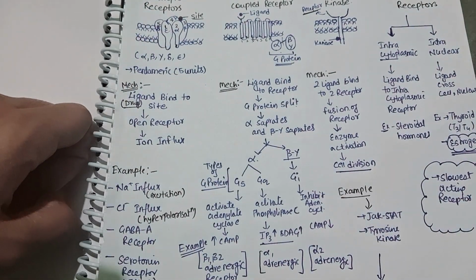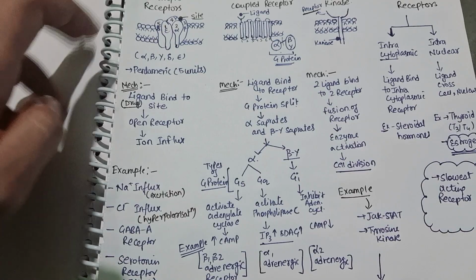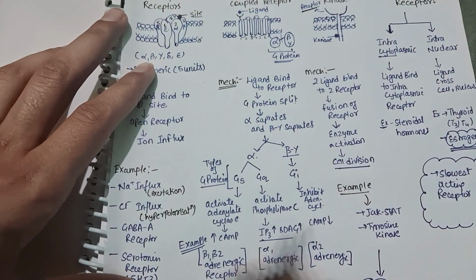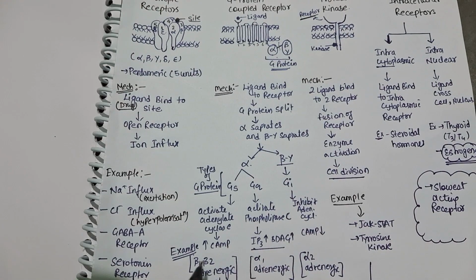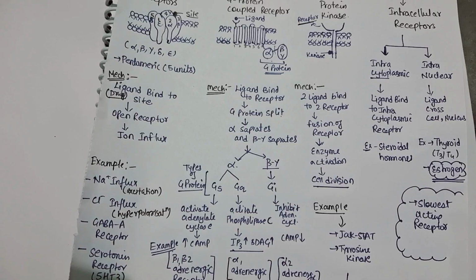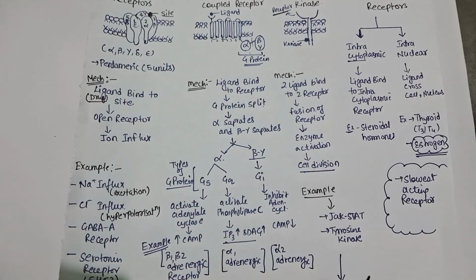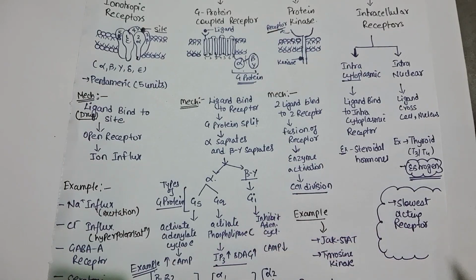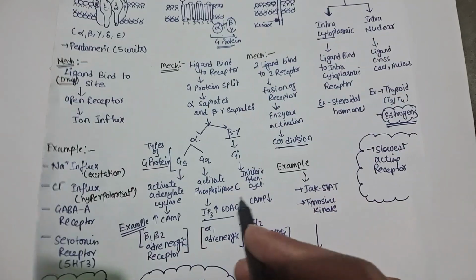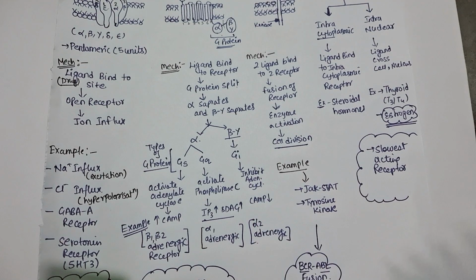You will understand this in more detail in systemic pharma. For Gs type, the examples are beta 1 and beta 2 adrenergic receptors. We will learn all about beta blockers in the CVS chapter in systemic pharma. And alpha 1, alpha 2: alpha 1 is the best example of Gq type receptor, and alpha 2 is the best example of Gi type receptor.